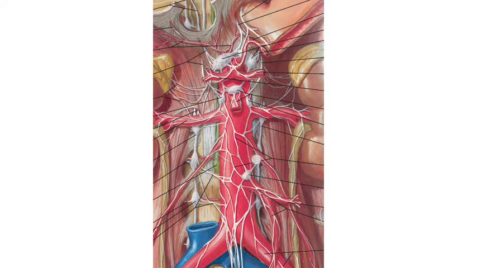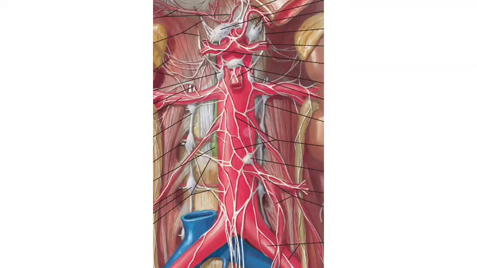Around the inferior mesenteric artery, the plexus will be known as the inferior mesenteric plexus. So in between them, this region will be the intermesenteric plexus.